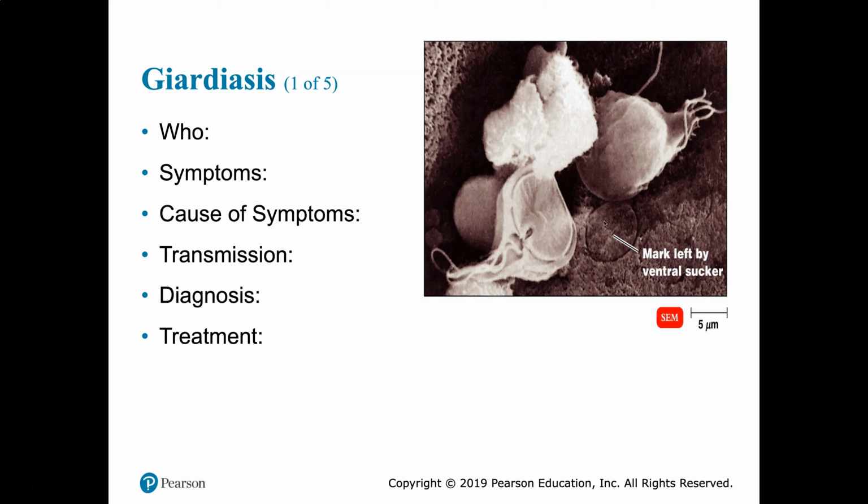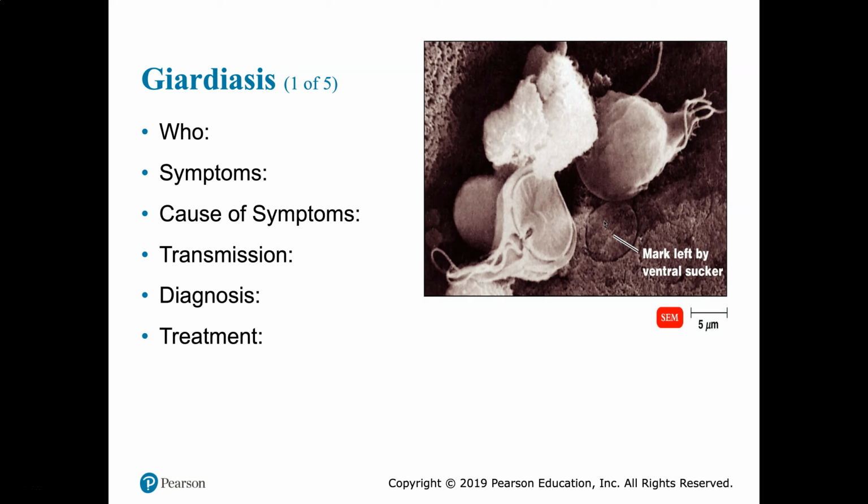Okay, so 15 to 20 cells to establish an infection. That's not a lot of cells. So consuming stagnant water where you bring in hundreds, if not thousands of them, that's more than enough to cause an infection.